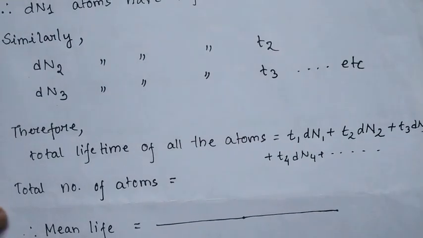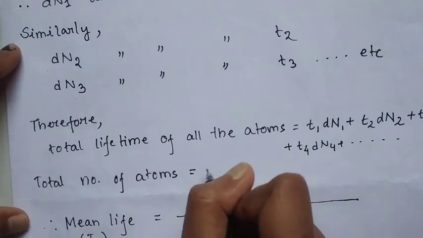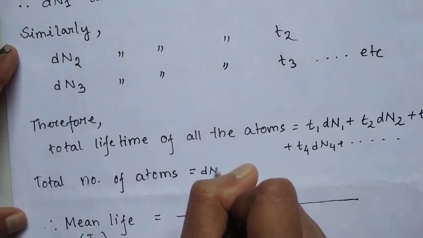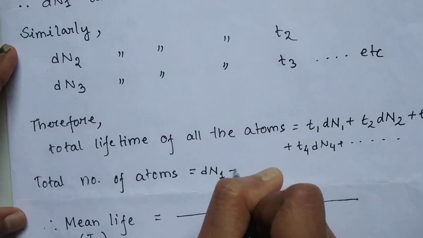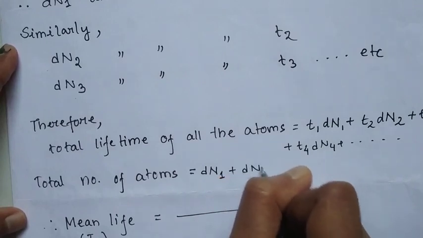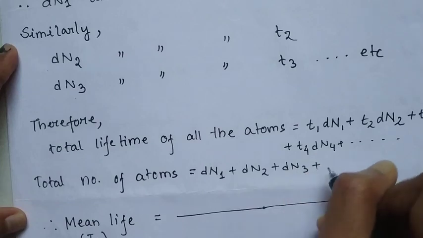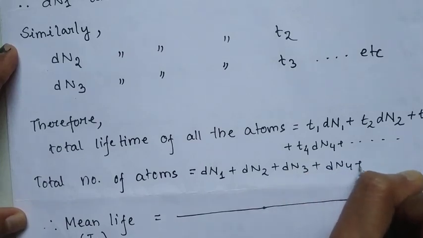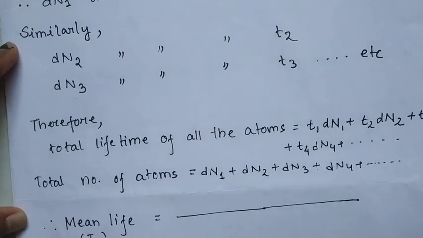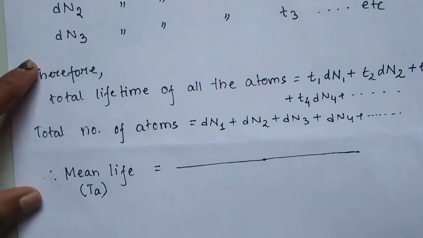Now what is the total number of atoms? The total number of atoms will be the sum of all these lots, dN1 plus dN2 plus dN3 plus dN4 and so on. So what will be the mean lifetime?